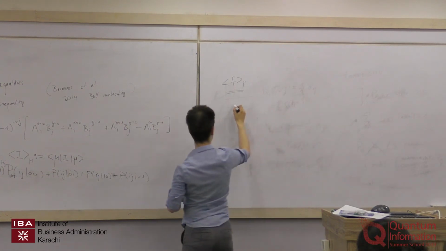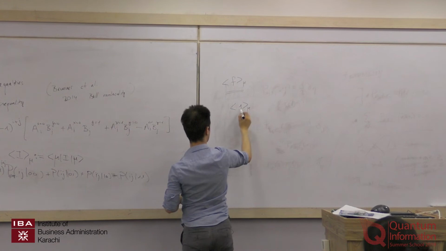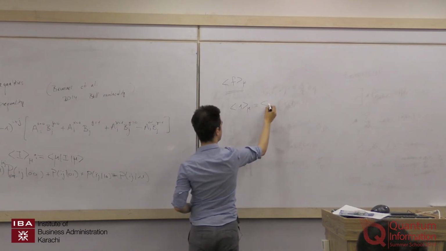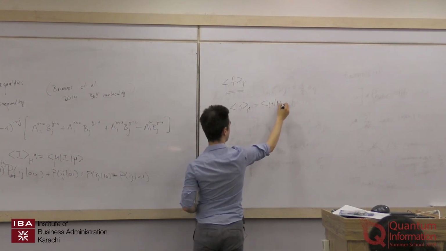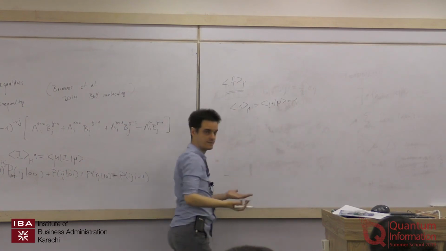So the first thing that we are going to observe is that if I just have 1 inside, this is mu. By normalization of states, it's 1.